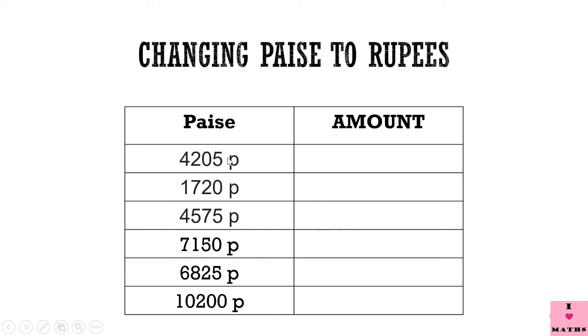This is the right hand side. So after ones and tens place, you have to put a point here, beta. So this money will be rupees and this will be paise. So this is 4,205 paisa is equal to rupees 42 and 5 paise. This is how we are supposed to write.